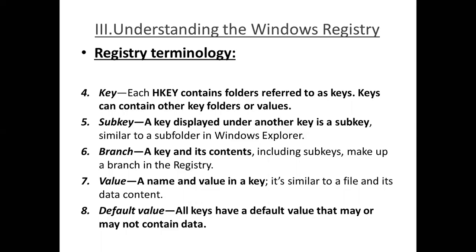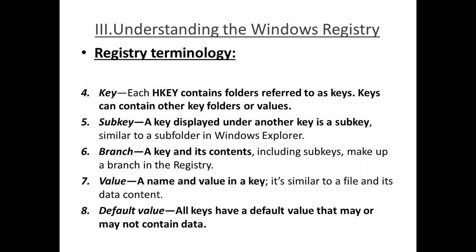Now the key has a lot of subkeys. So what is a subkey? A key within another key is a subkey. So you'll have a primary key and there will be secondary and tertiary keys. The secondary and tertiary ones are called subkeys. It is just like folders and subfolders in Windows generally.